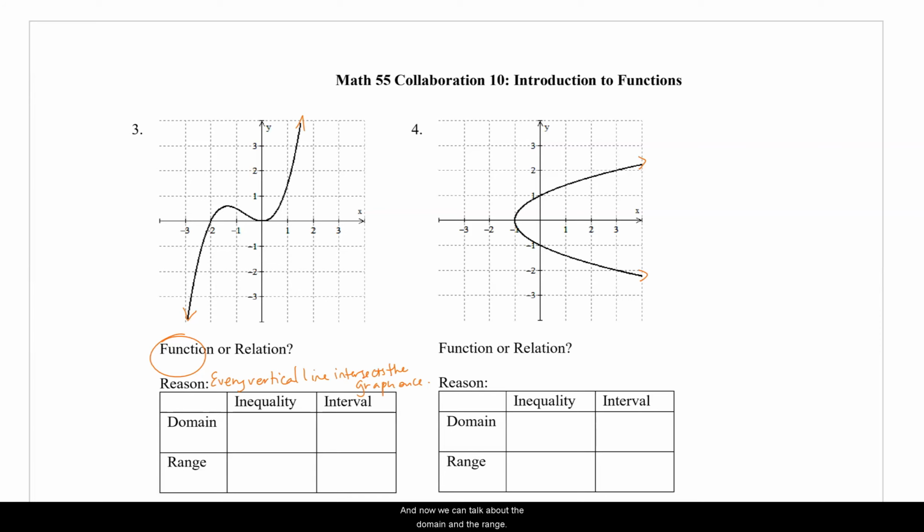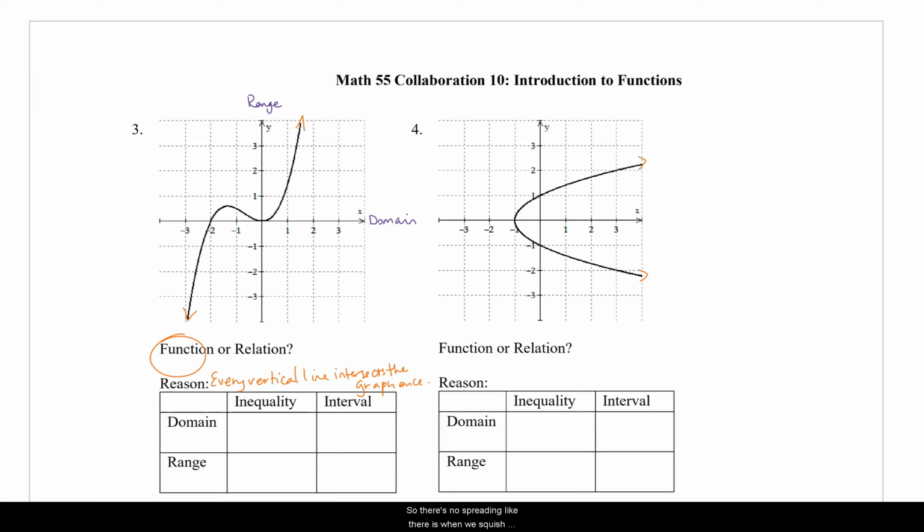And now we can talk about the domain and the range. Let's start with the domain. In the last video, we talked about smashing the function onto the different axes. The x for the domain and the y for the range. So we can play the same game here, working on it visually, and we're going to do a straight vertical smashing.